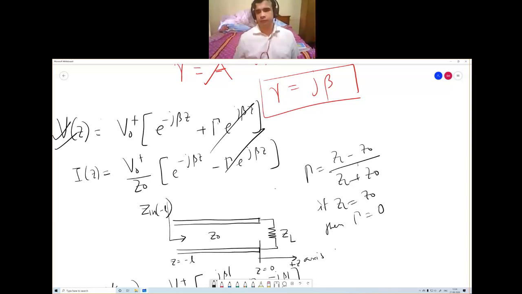So at a matched transmission line, no matter from whichever point you are looking at it, you will find the same impedance, and that impedance is Z0. Is it clear? Okay. Yes, sir. Okay, very good.